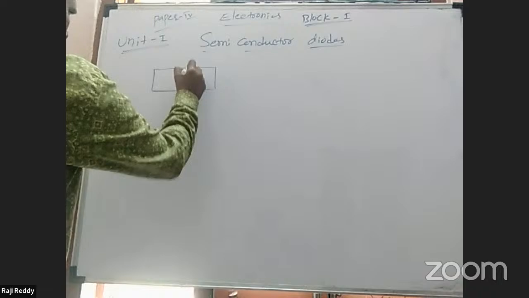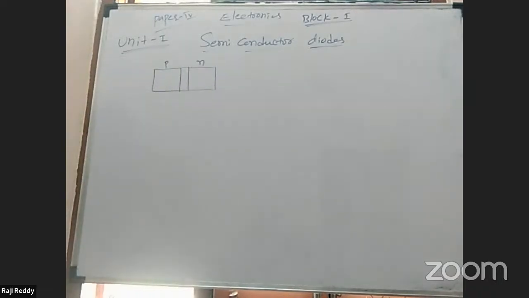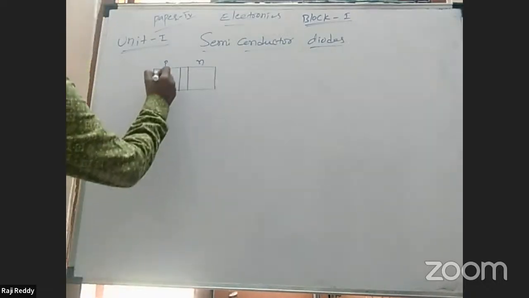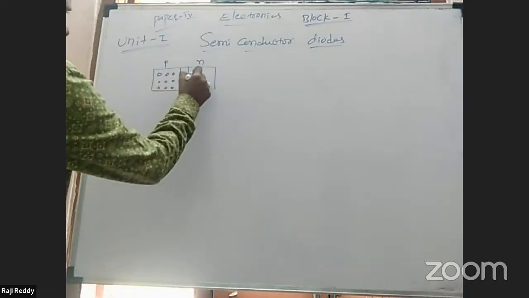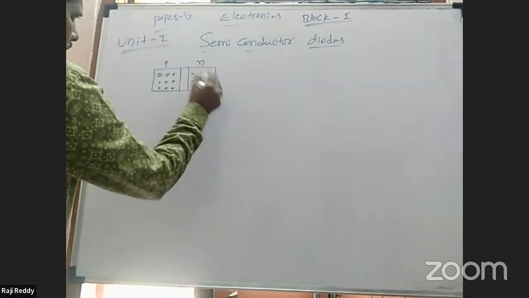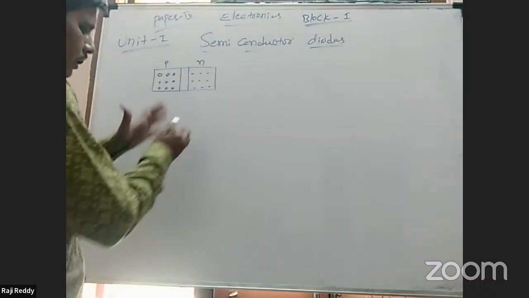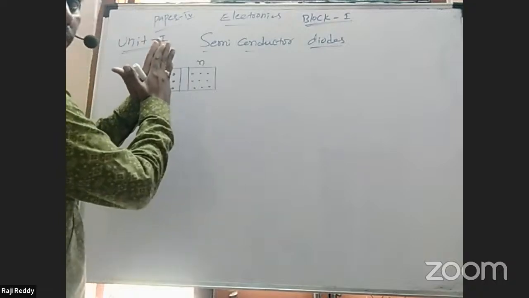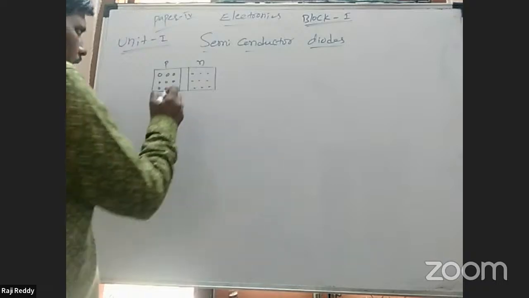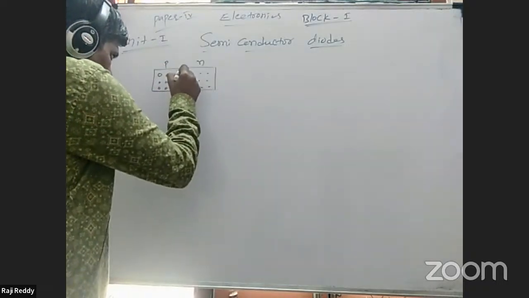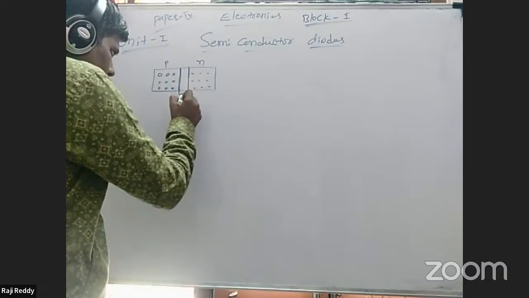These two are joined like this. This is P, this is N, either capital N or small n, your wish. P represents positive charge carriers, that is, holes. N represents negative charge carriers, electrons. When these two are sandwiched, the junction is formed, and it is called a PN junction diode. Across the junction, one layer is formed, called the depletion layer.